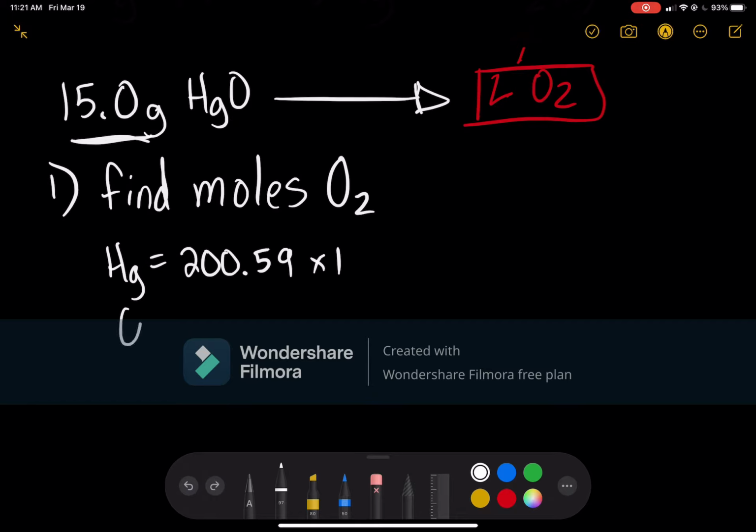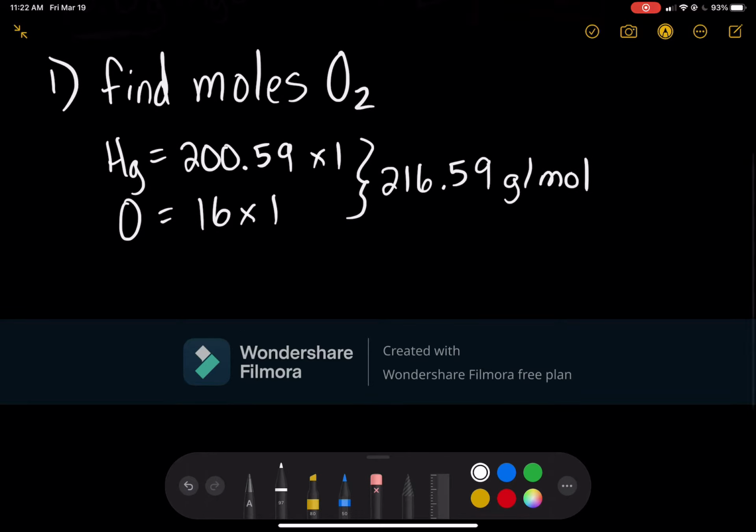And then O has a molar mass of 16, and again there's only one, so times 1. You add those together to get the combined molar mass of 216.59 grams per mole.